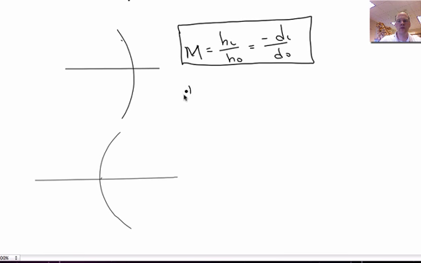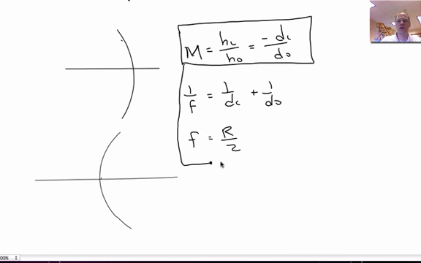Okay, so if we put all formulas up there again: 1 over F is equal to 1 over DI plus 1 over DO, and the focal length is equal to R over 2. So those are really the three equations that we'll need to hold on to at this point. Let's take a look at an example.